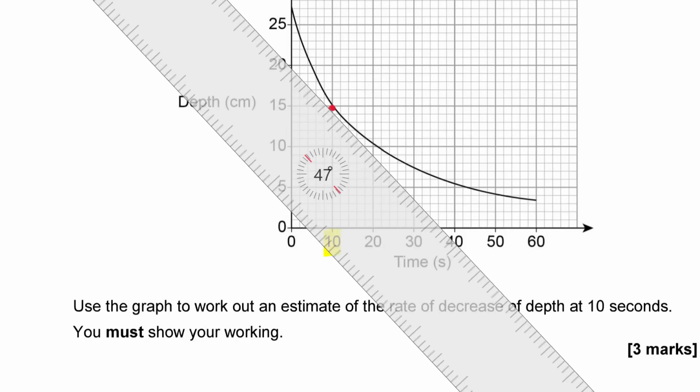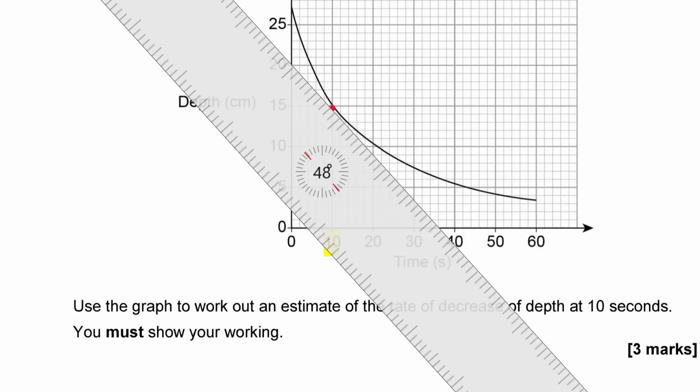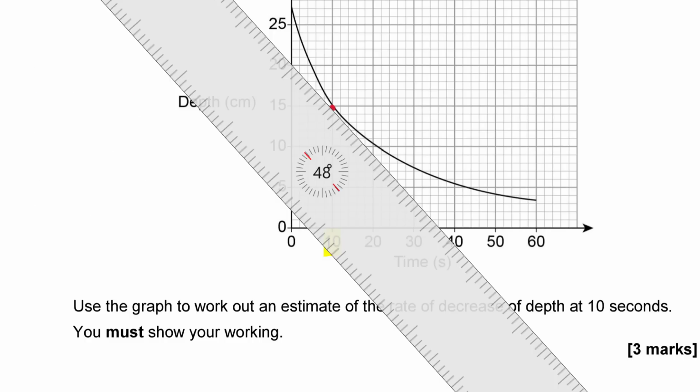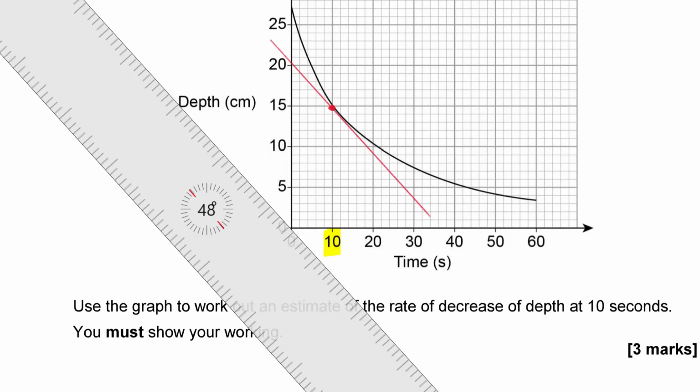So what we're going to do is draw a tangent to the curve at that point and say the gradient of the curve at that point is going to be roughly the same as the gradient of that tangent drawn at the point of contact.